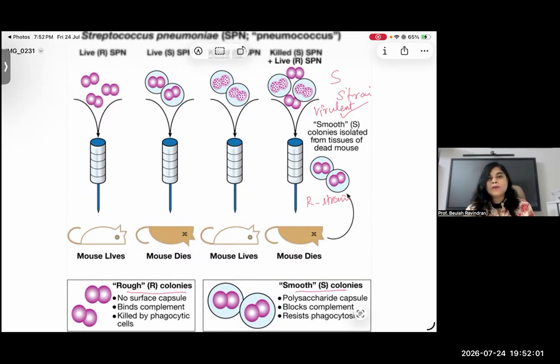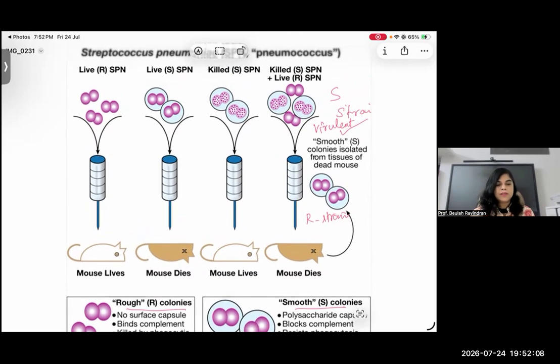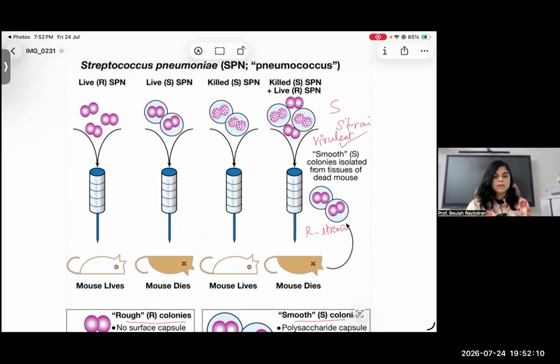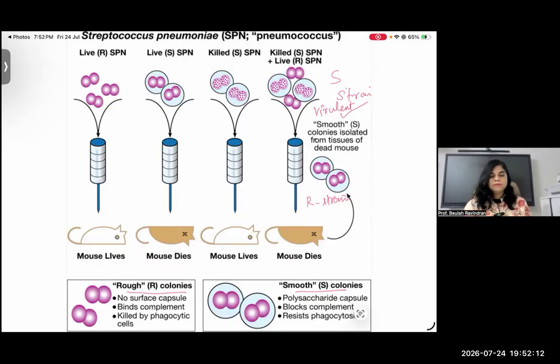Now the S strain is injected into the mice. Then the mice die.